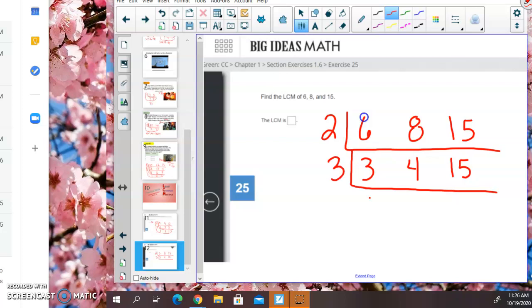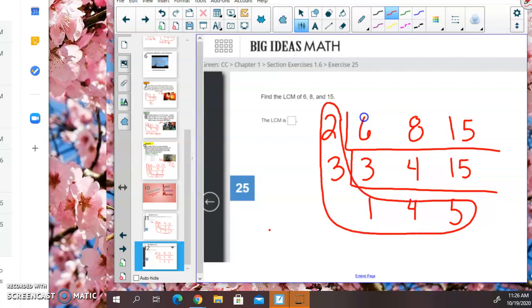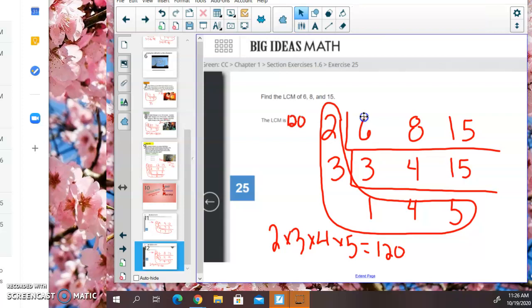So that's going to give me 1 here. Doesn't work, so I just keep the 4. And then 15 divided by 3 leaves me with 5. Now there's no number that I can divide out of 1, 4, and 5, so this is going to be my least common multiple. 2 times 3 times 4 times 5 gives me an answer of 120. So please enter 120 in that spot, check the answer, and make sure you got it right.